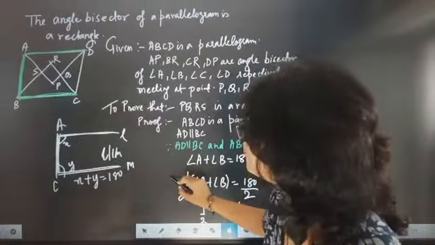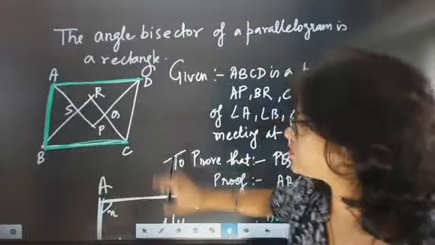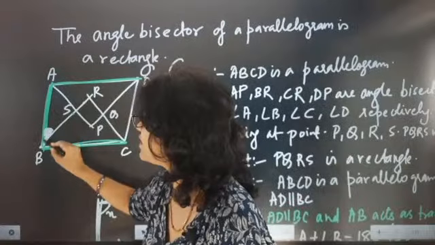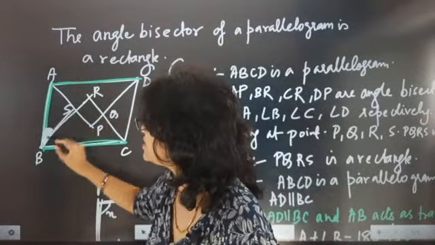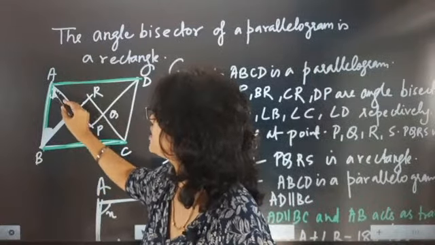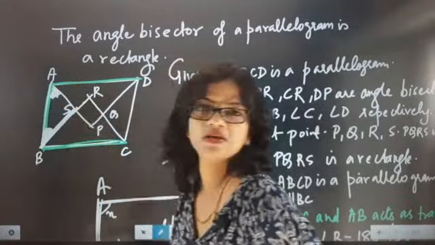I'm just going to give you focus, because if you are going for a shortcut, then here one thing will be there. Half of angle A, can we take this as angle BAS, and angle ABS?